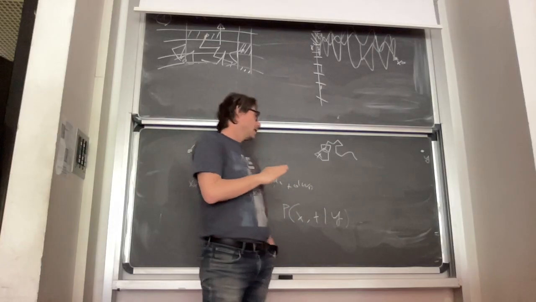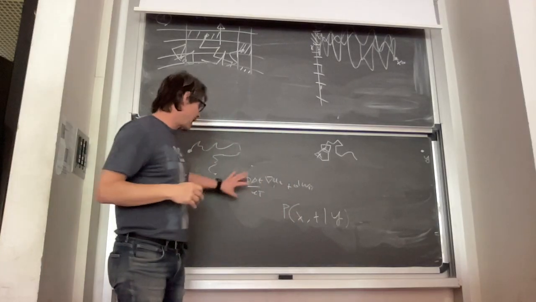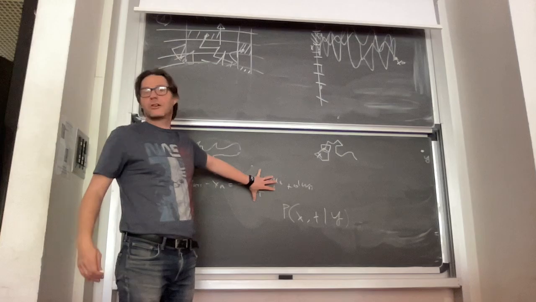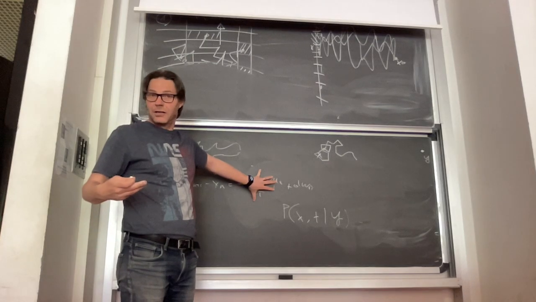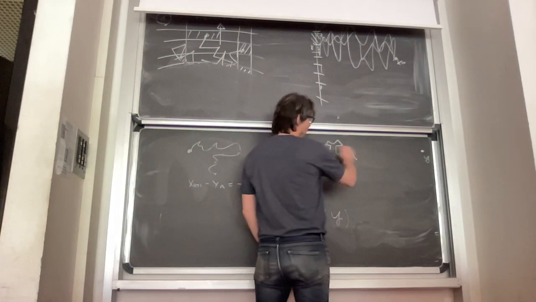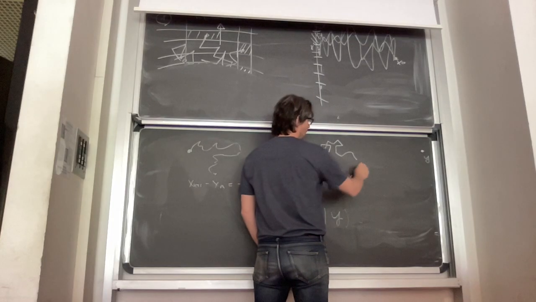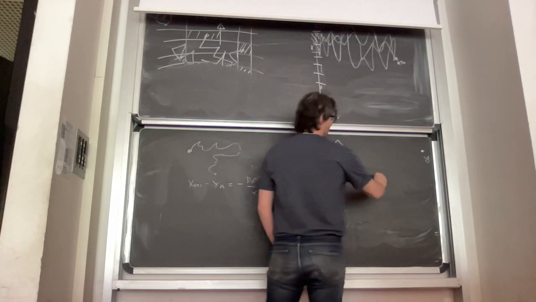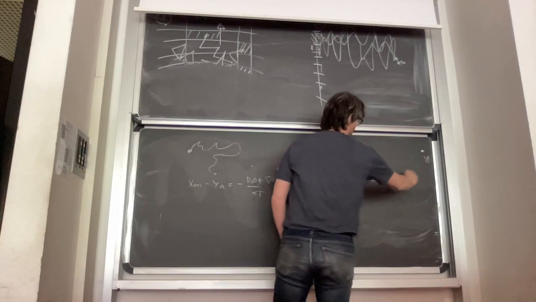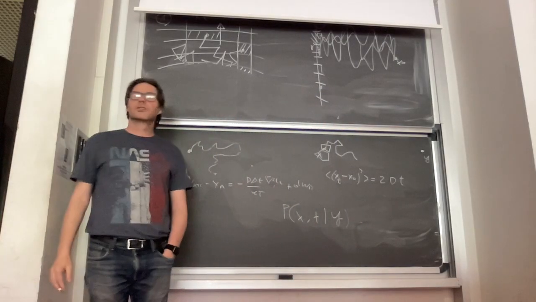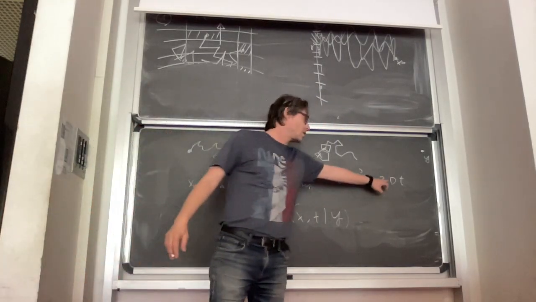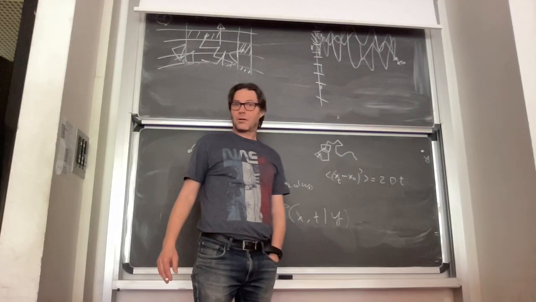Now, if you allow me for a moment to neglect the force here just to make the calculation easier, you discover that the typical displacement it takes in n steps is, well, in one dimension 2D, in 3 dimensions there's a 3 here. Okay, it grows linearly with t.